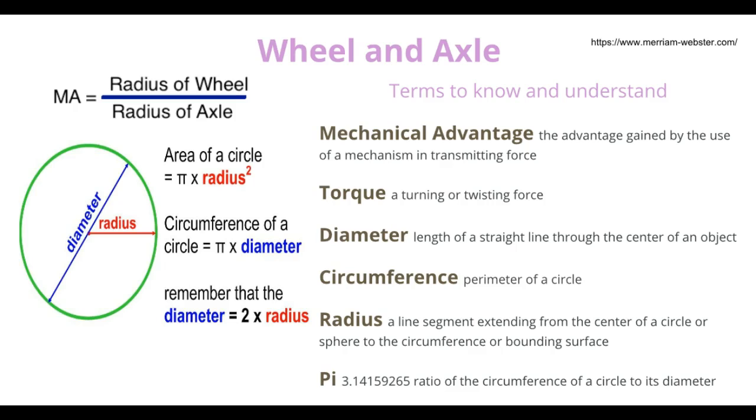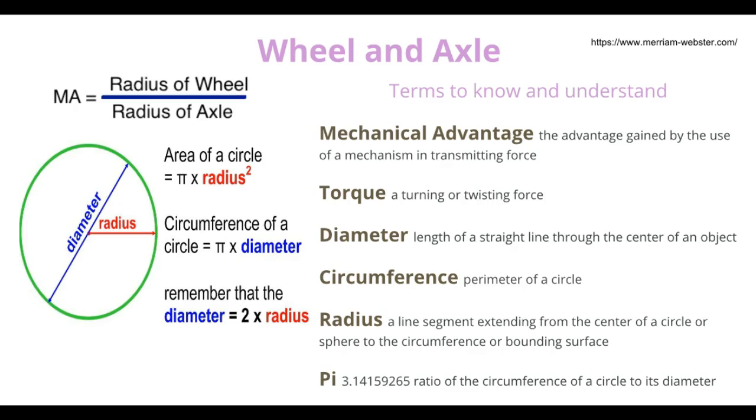The circumference is going to actually be the distance all the way around our circle, or the perimeter of our circle. And then we have our radius. Our radius goes from the center of the circle to the actual side of the circle, or the circumference, or wherever that bounding surface line is. That's going to be our radius.